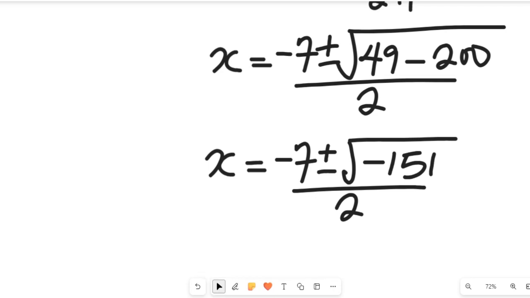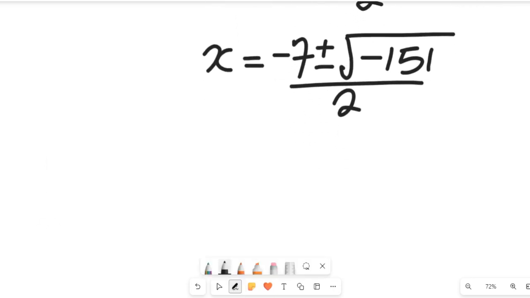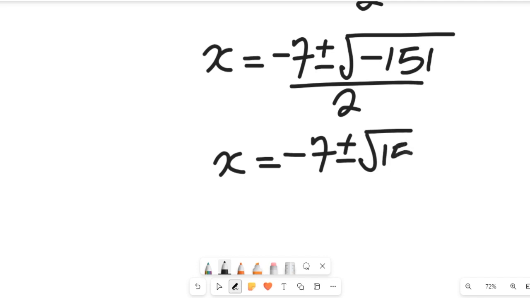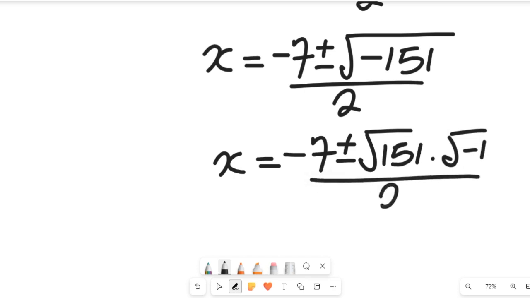We can separate that value to give x equal to negative 7 plus or minus the square root of 151 multiplied by the square root of negative 1, divided by 2.